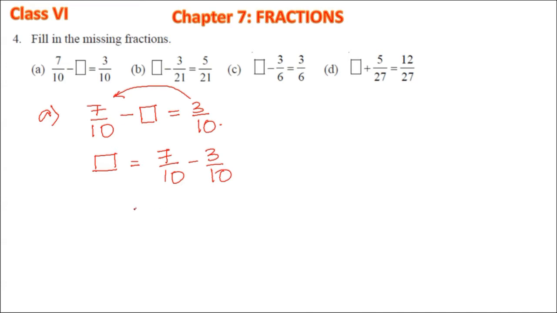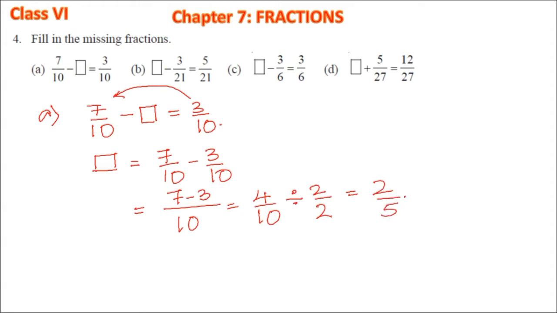The missing fraction will be, 10 is the LCM, so 7 should be taken and 3 should be considered. 7 minus 3 will be equal to 4, so we get it as 4 upon 10. This can be divided by 2 in both numerator and denominator to make it the simplest form. We get it as 2 upon 5. So the first one I have solved.